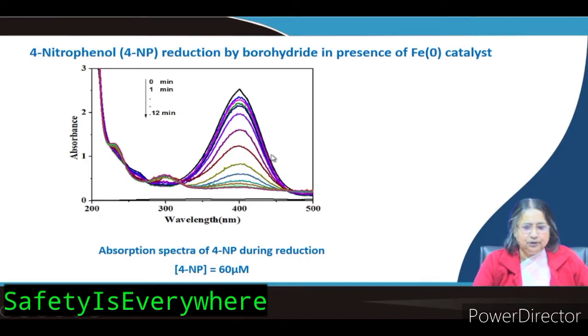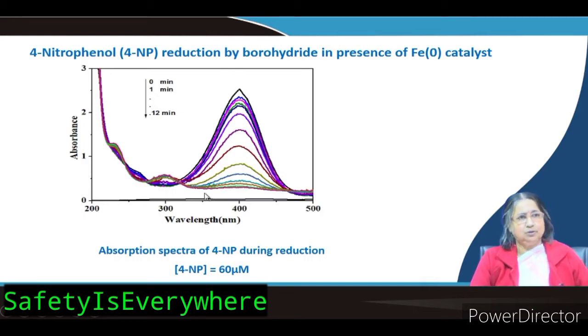Now, you have started the reaction by using the catalyst in presence of borohydride, which is a reducing agent. This is the 0 time spectra, which you are obtaining in the spectrophotometer. It is called the absorption spectra.